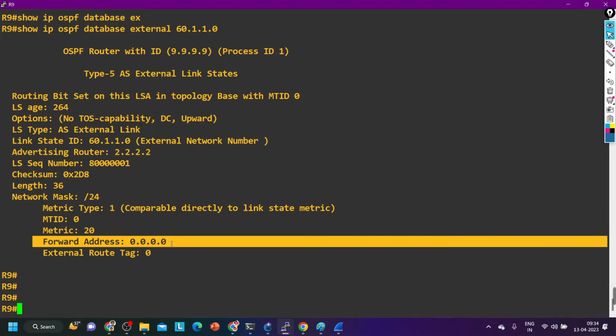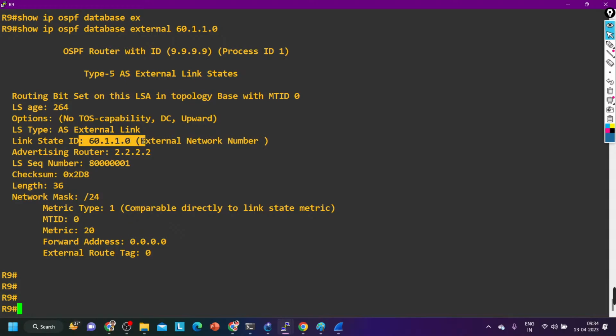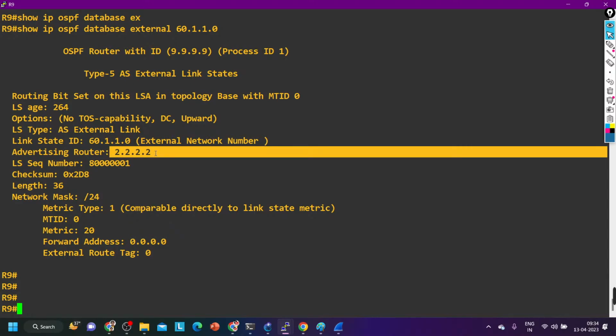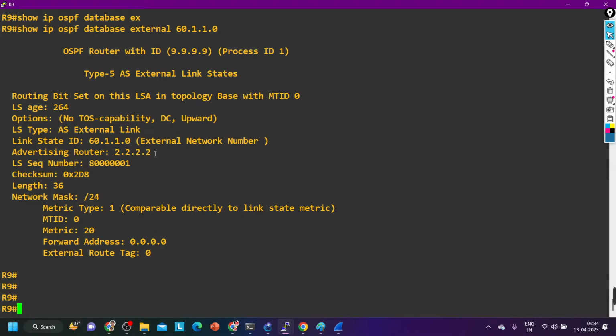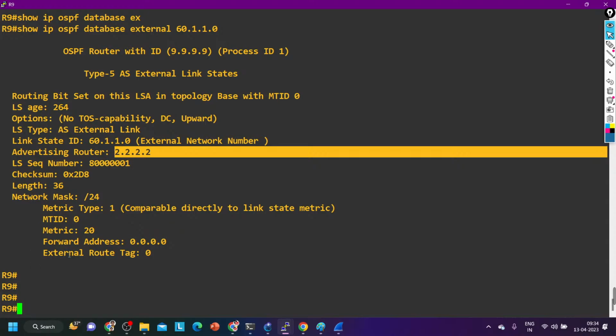Here is the forwarding address. So the forwarding address is what? 0.0.0.0 over here. Link state ID is this one. Advertising router ID is 2.2.2.2. Done. But to reach 2.2.2.2 this router has two paths.